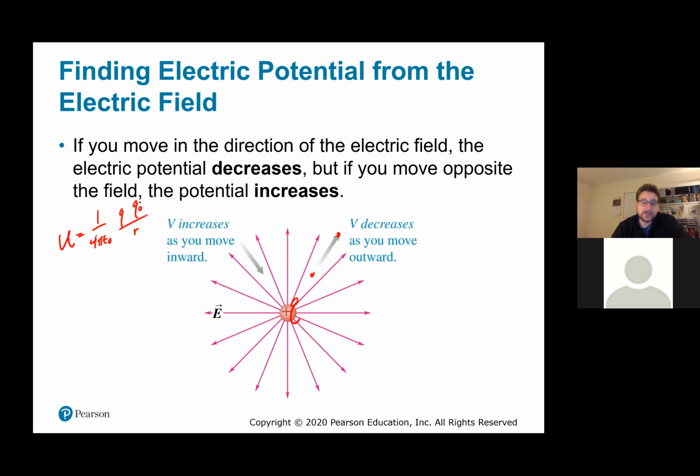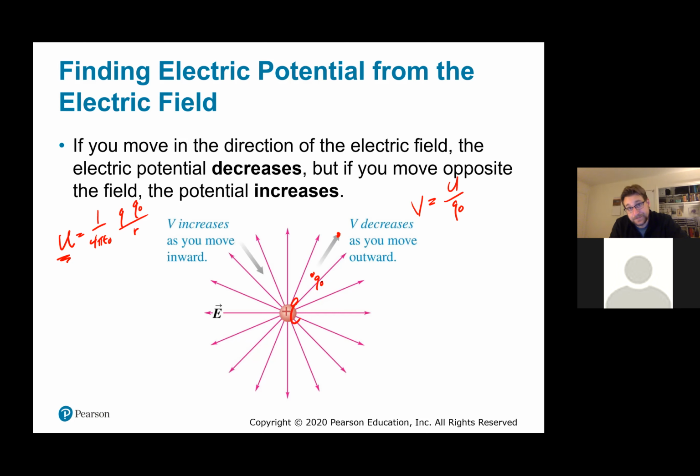So two positive charges, as we get farther away, the potential decreases. The potential energy decreases. So we're happy to say that V, which is potential energy per unit charge, also decreases, because if U is decreasing and we divide by the positive charge, yep.